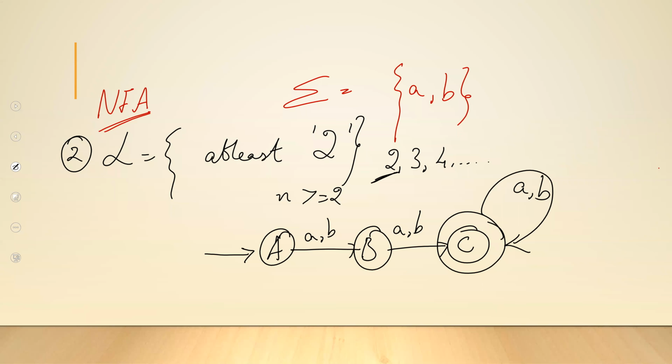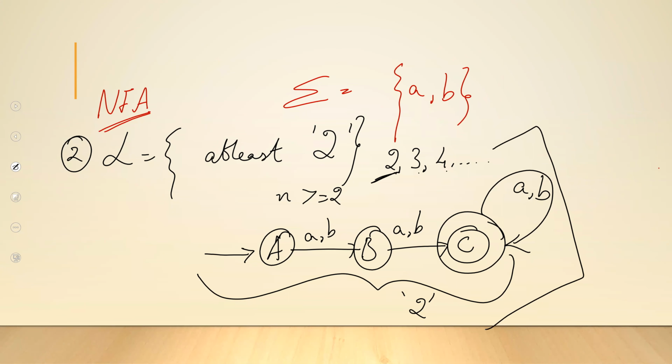This is my NFA for at least 2, which means you can have a 2 length string, a 3 length string, or a 4 length string. This is the NFA for exactly 2, and then you simply go on adding a loop more. You will be getting greater than or equal to 2.